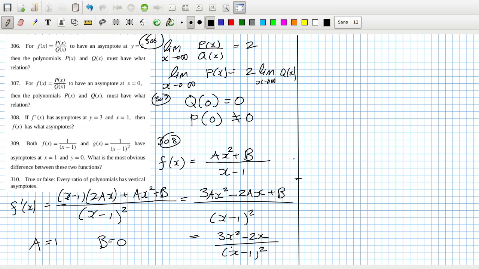So when x tends to infinity, you get the horizontal 3 and you have the vertical 1 here. So the original function is simply x squared over x minus 1.